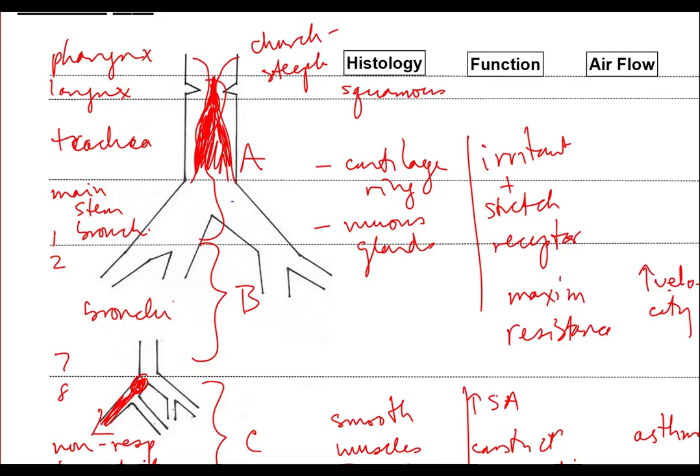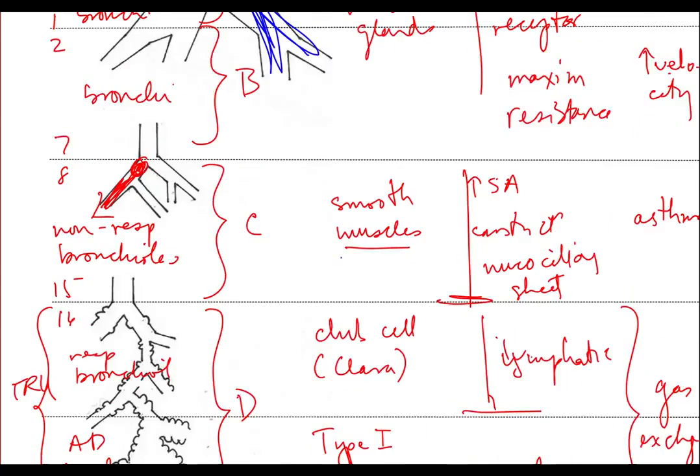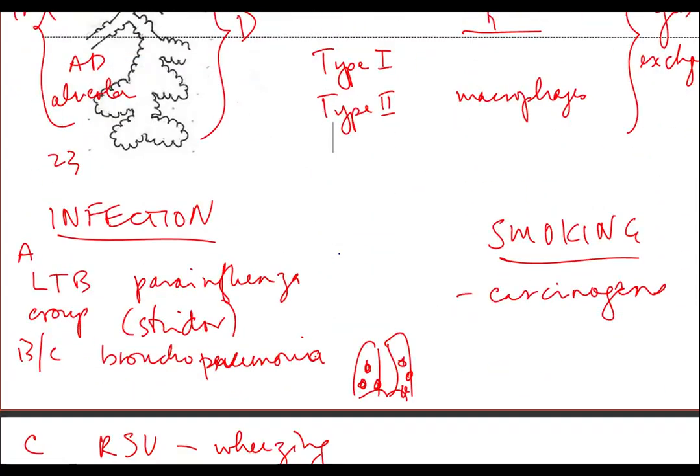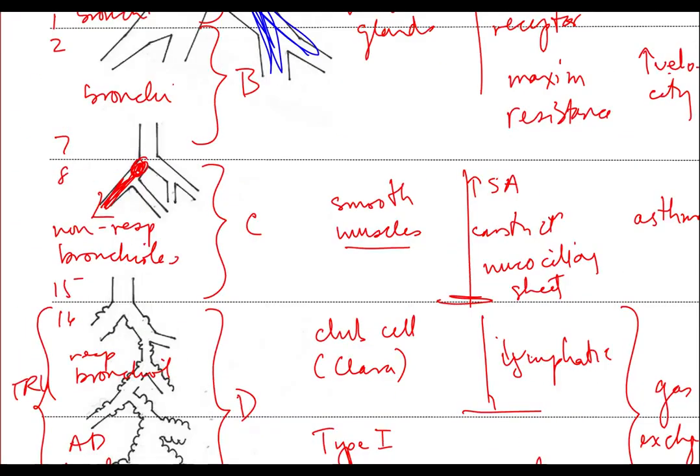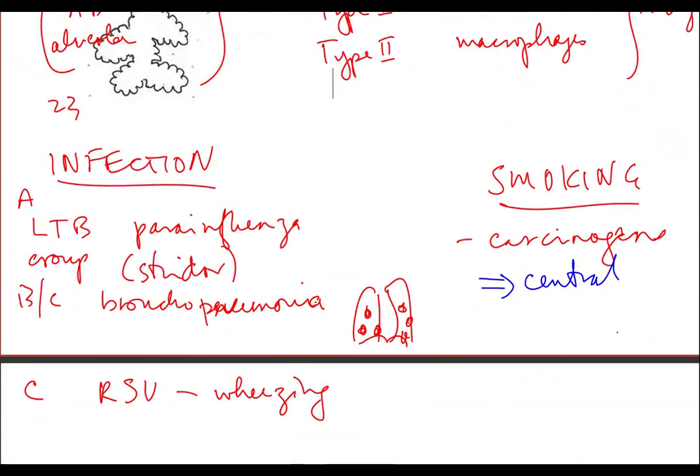So this area here, somewhere between B and C. And sure enough, that's exactly where we see the malignancies, right? The carcinogenic malignancies tend to be central. When you're looking at peripheral malignancies like adenocarcinoma, they are not highly connected to smoking. The other big effect that we get of smoking is that smoking is associated with irritation.